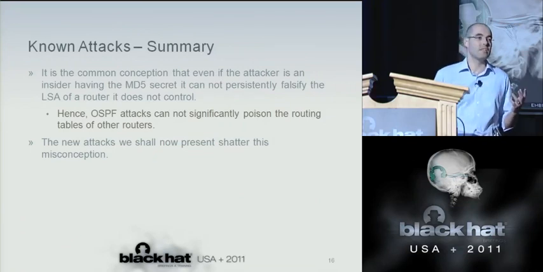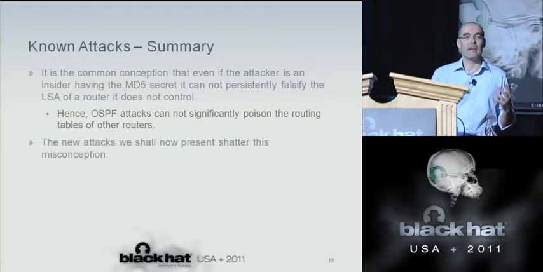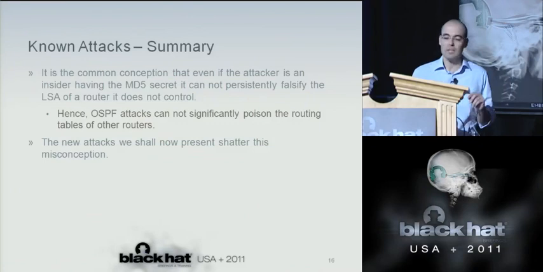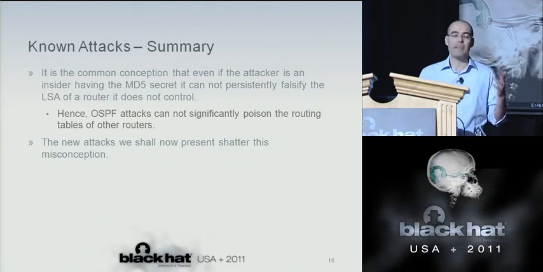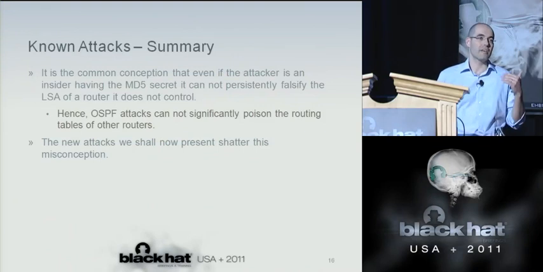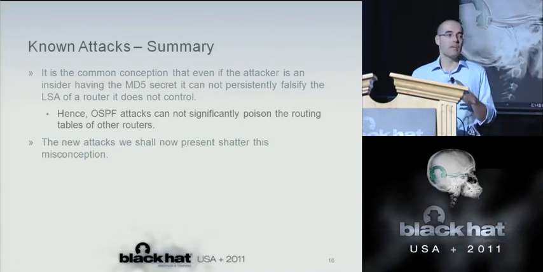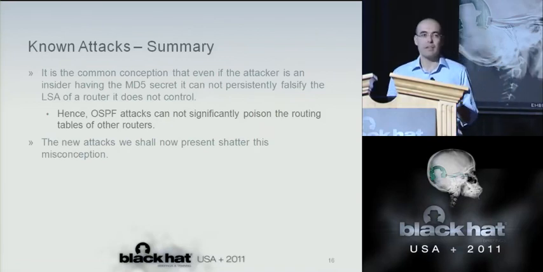He can't really influence or falsify the LSA of other routers in a persistent way. He can do a lot of bad things. He can induce instability in the autonomous system, but he can't really cause damage in a persistent way. The new attacks you're going to hear today actually shatter these conceptions and indeed achieve a persistent effect.